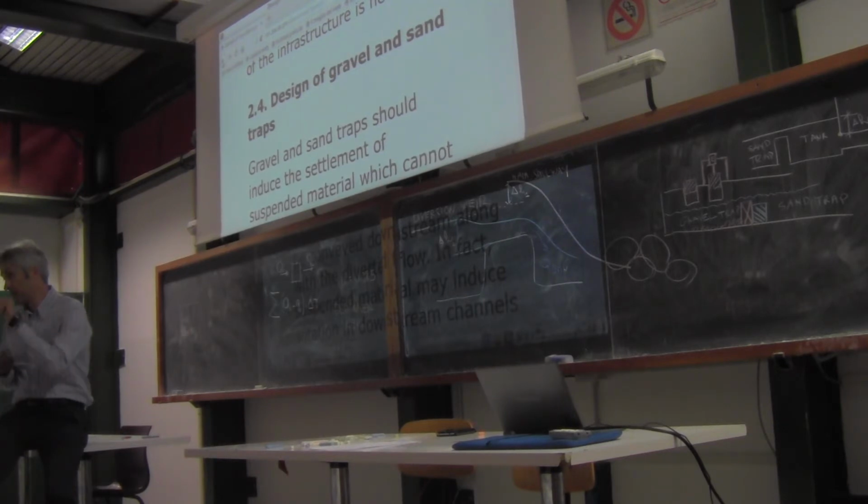Okay, the height of these weirs is typically 50 centimeters, not more than 1 meter, because otherwise it becomes impossible to clean, to flush the sediment out. If you accumulate 1 meter of sediment, it's too much. 50 centimeters is fine.